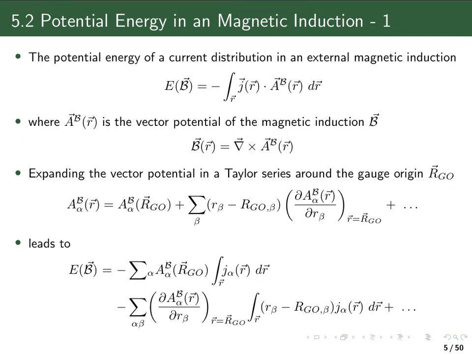Like in the electric situation, we end up with the same integrals over the current density as we had before. Here just a component of the current density, and we know this is 0, so this term is 0 because there are no magnetic monopoles, and this term we can again rewrite in terms of the magnetic dipole moment.